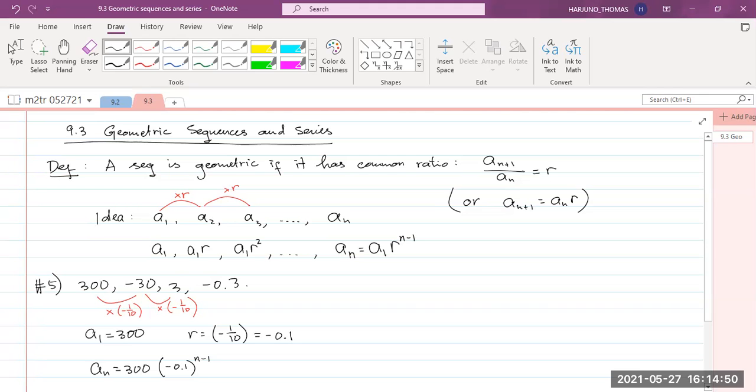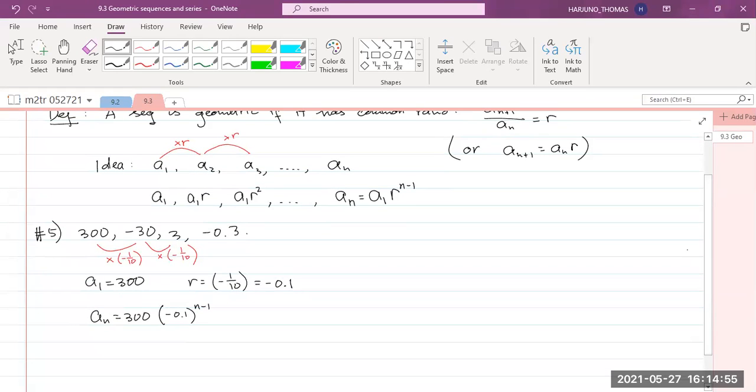But actually, we're supposed to clean this up. Our textbook gives us this answer, but I hope you are able to simplify that a little bit by doing the following steps. This is 300 times negative 0.1 to the n times negative 0.1 to the negative 1, which is 300 over negative 0.1. You see that?